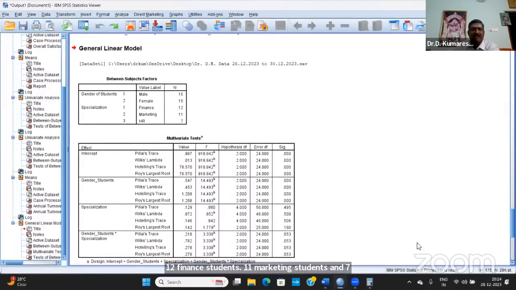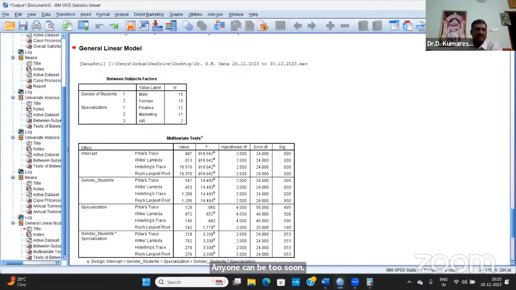See here, this is the multivariate test. There are 4 tests: Pillai's trace, Wilks' lambda, Hotelling's trace, and Roy's largest root. Anyone can be chosen. There is no problem at all.